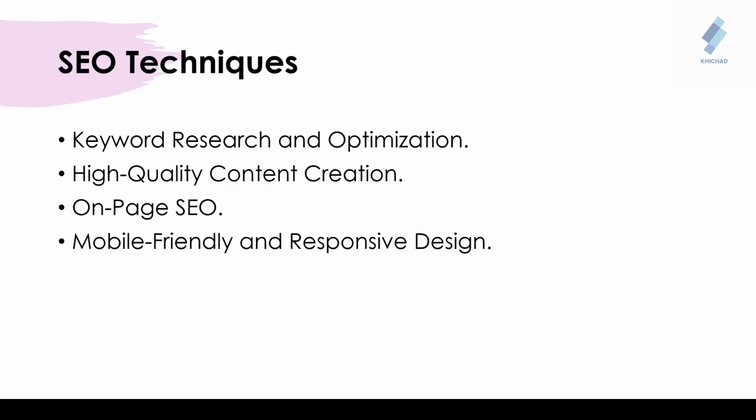SEO techniques: keyword search and optimization. Conduct thorough keyword research to identify the most relevant and high traffic keywords for your content. Optimize your website's content, including title, heading, meta description and body text, by incorporating these keywords naturally and strategically.